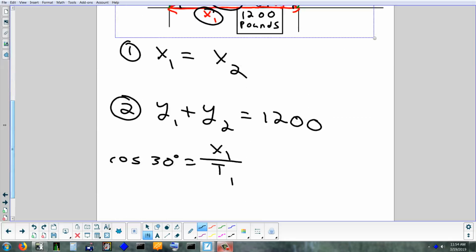And now we want to get X1 by itself, so we have something to plug in for it. So what is X1? Yeah. T1 cosine 30.